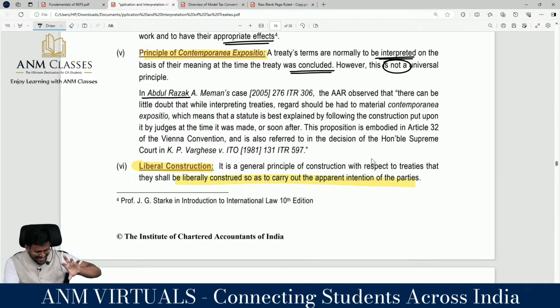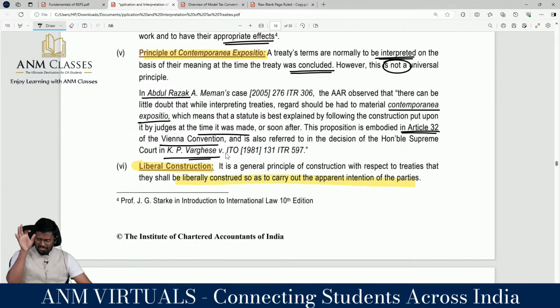AR observed that there can be little doubt that while interpreting a treaty, regard should be had to contemporanea expositio, which means that a statute is best explained by following the construction put upon it by judges at the time or soon after. This proposition is embodied in Article 32 of the Vienna Convention and is also referred to in the decision of the Honorable Supreme Court, KP Varghese also. Contemporanea expositio means we interpret using the meaning the treaty had when it was written. They say so, but not everyone accepts it, because taking it that way would make many treaties void.